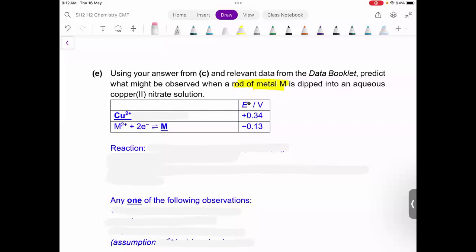So if your metal M can only undergo oxidation, this means that your copper 2 nitrate must undergo reduction. Agree? So in this case, you can consider reduction of copper 2+.